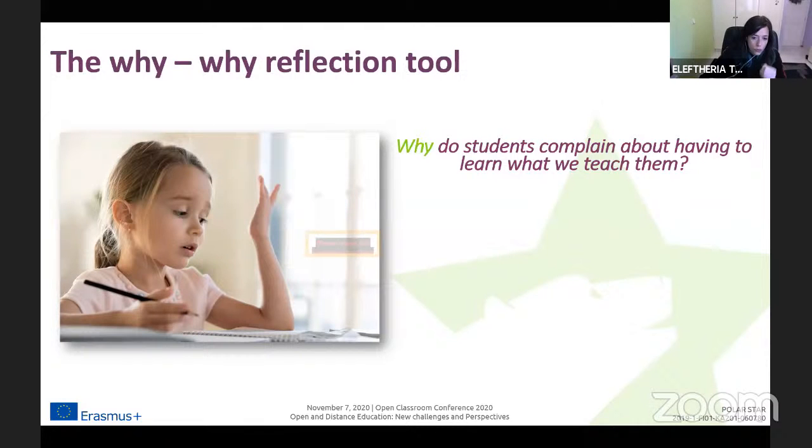In order to understand this question, really, I'm using what we call the why tool, which is a super simple thing. Every time you ask why again. So why do students complain about having to learn what we teach them? I'm sure you can come up with a lot of answers. I'm going to give you the 4 that come to my mind first.